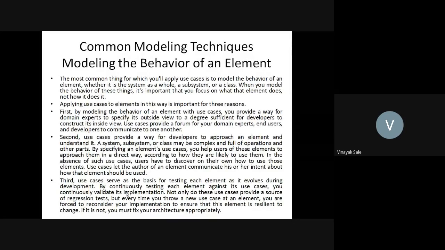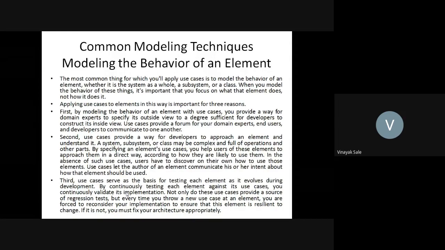And third, use cases serve as a basis for testing each element as it evolves during development. By continuously testing each element against its use cases, you continuously validate its implementation.